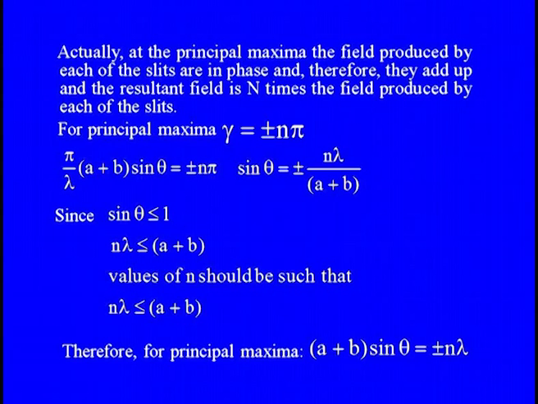Since sin theta is less than or equal to 1, we should have n lambda less than or equal to a plus b. So, values of n should be such that n lambda is less than or equal to a plus b. Therefore, for principal maxima we have (A plus B) sin theta equal to plus minus n lambda.